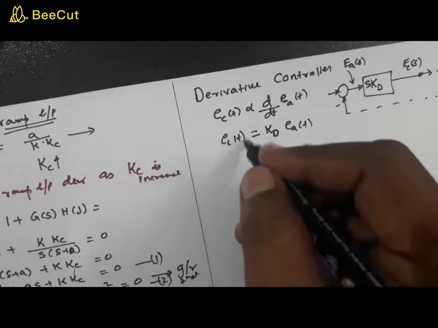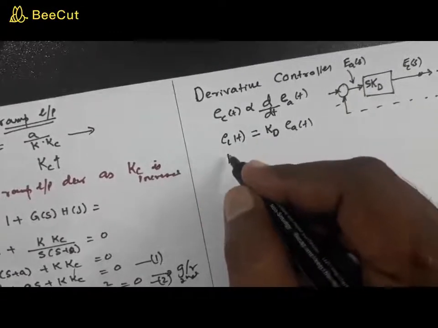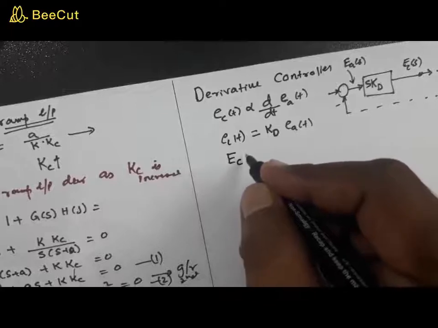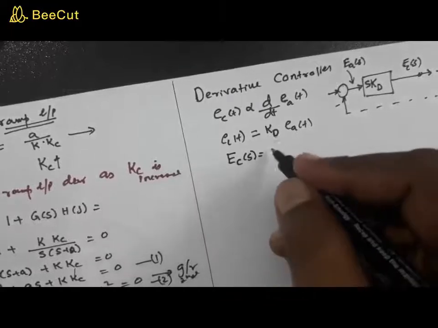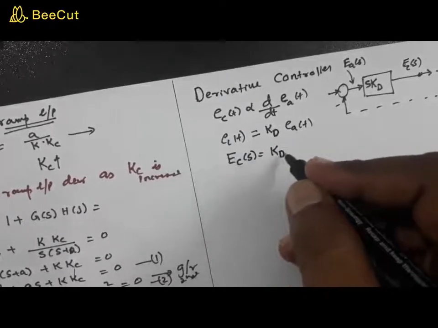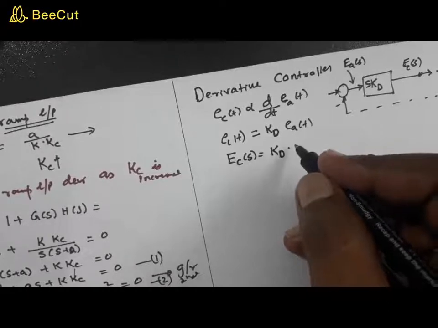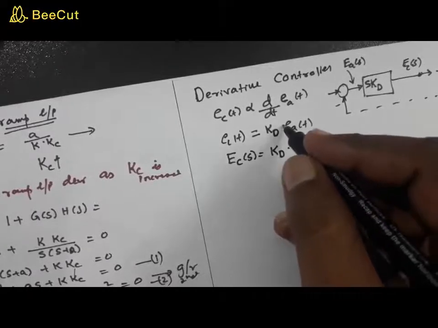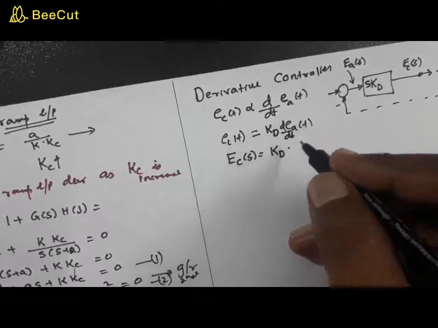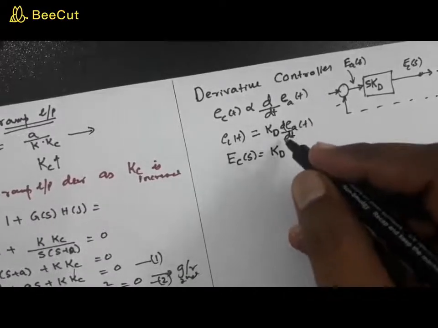Now we are interested only in the S domain. When you convert this into the S domain, Ec of s is equal to Kd into the Laplace transform of d by dt of Ea of t.